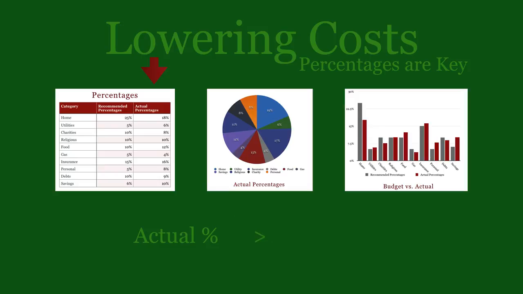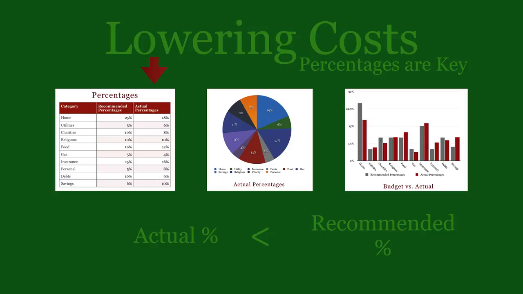Your actual percentages are greater than your recommended percentages. So what we want is for your actual to be less than your recommended. That means less than or equal to, to be honest. That means that you're not overspending in a certain category, such as in this situation.